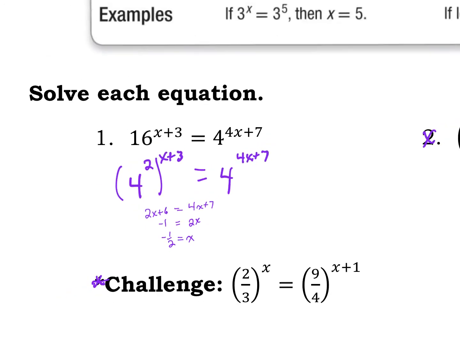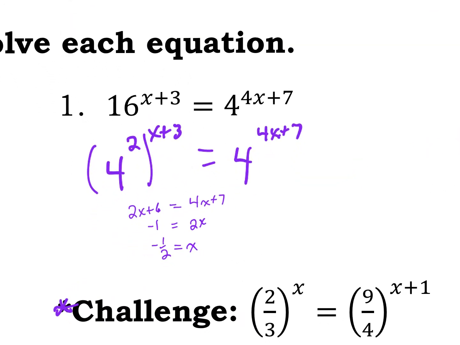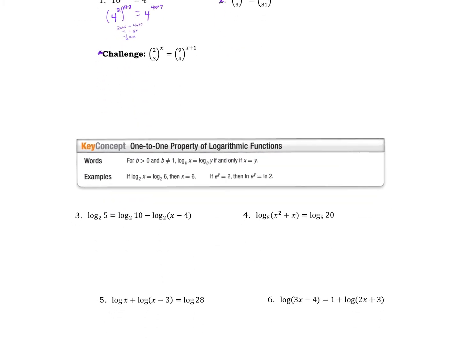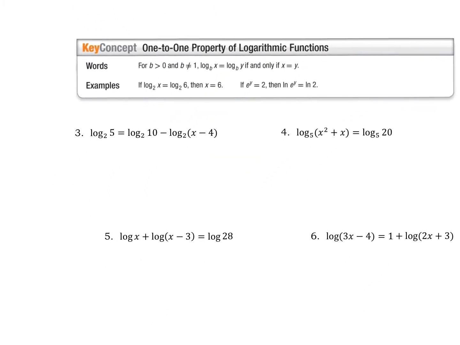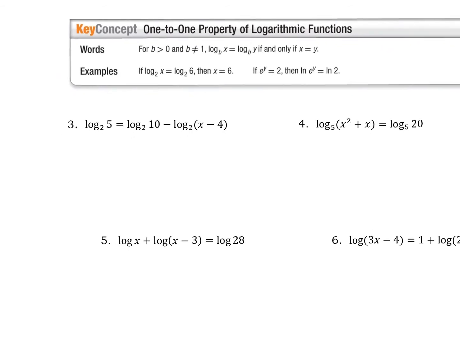So remember, the key for this one-to-one property is that we rewrite so that the bases are the same. We're going to use that same idea with logarithms as well. So that's what we're looking at next. So if you notice, we have to use our properties here also.